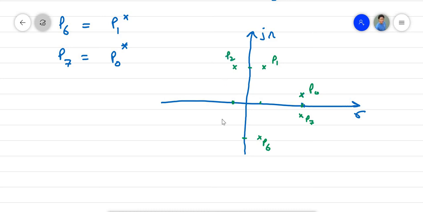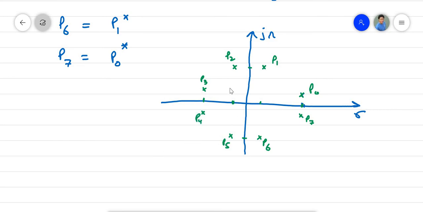Its complex conjugate is P5, which will lie at this point. Then for P3, the real part is minus 0.924, which will lie somewhere here, and the imaginary part is positive 0.383. So it will lie somewhere here. So it is P3, and at the opposite end we will get P4.